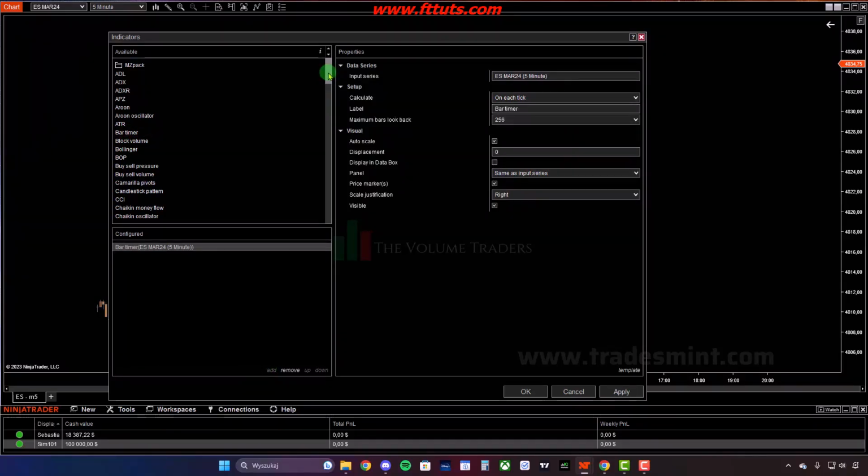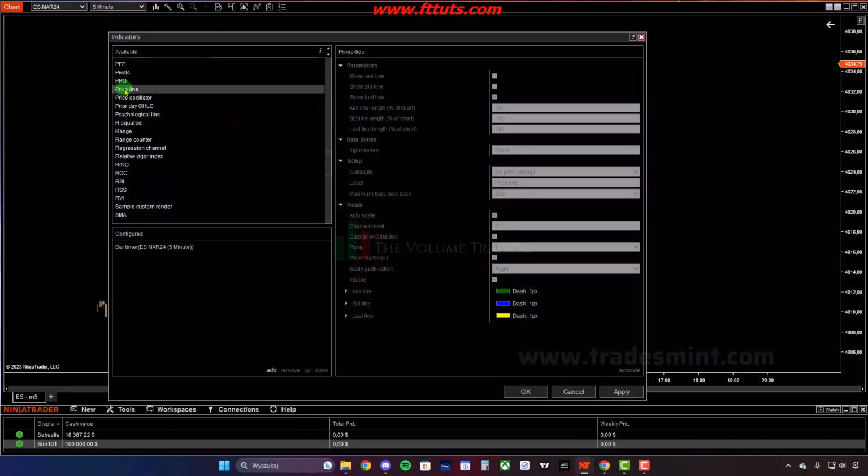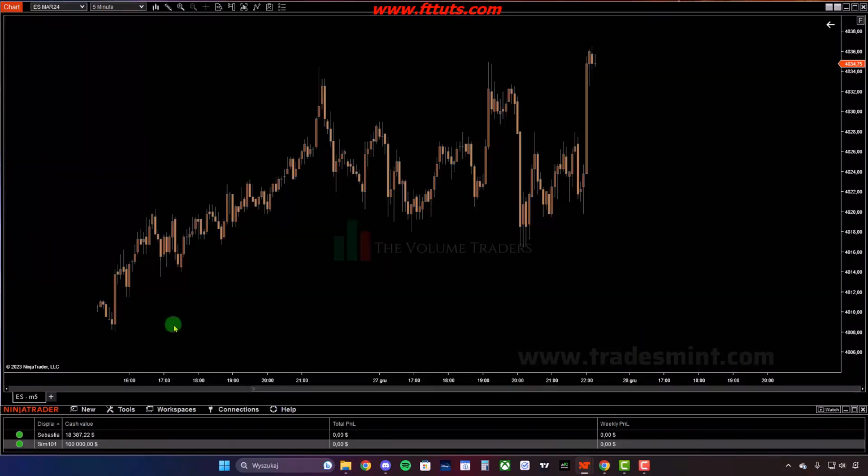If you use tick charts, like 1000 tick chart, 2000 tick charts, there's also something similar, a tick counter here. For this purpose I'm just using the minutes chart, so I don't need it. And also important is the price line, because it's not added by default. Very good to have one.